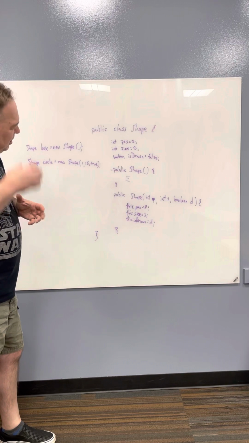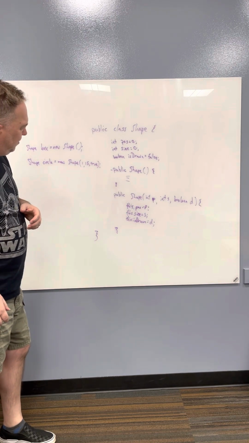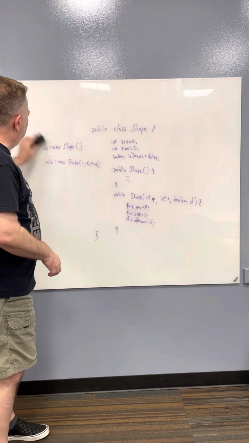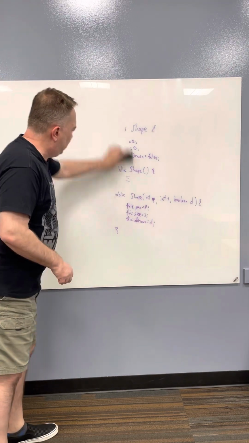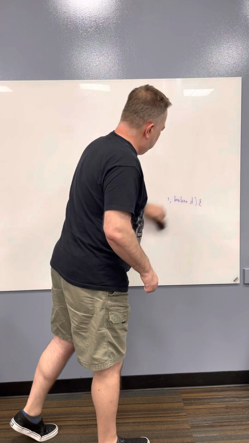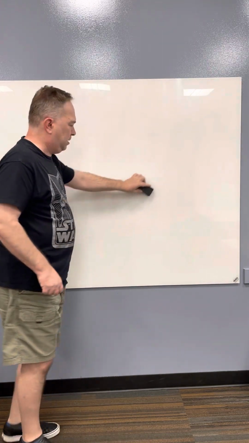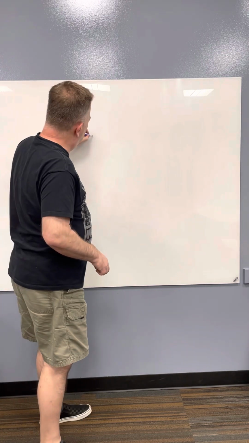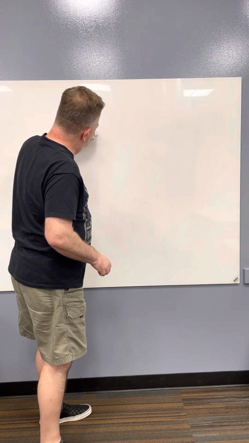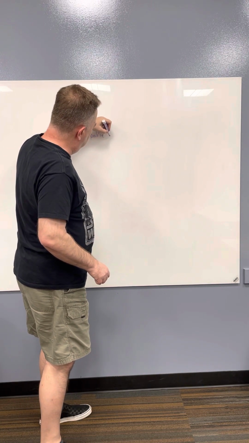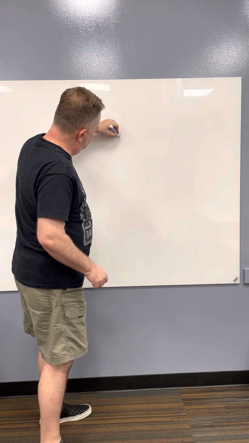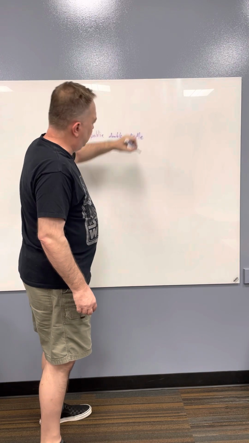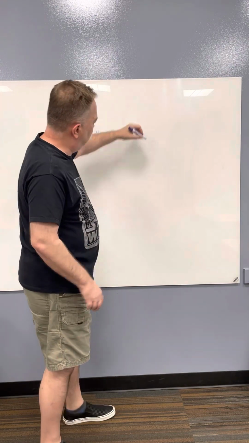A precondition is a comment where, and this really isn't specific to a class, it can be anything, but if I have some method, say public double divMe, some sort of division.